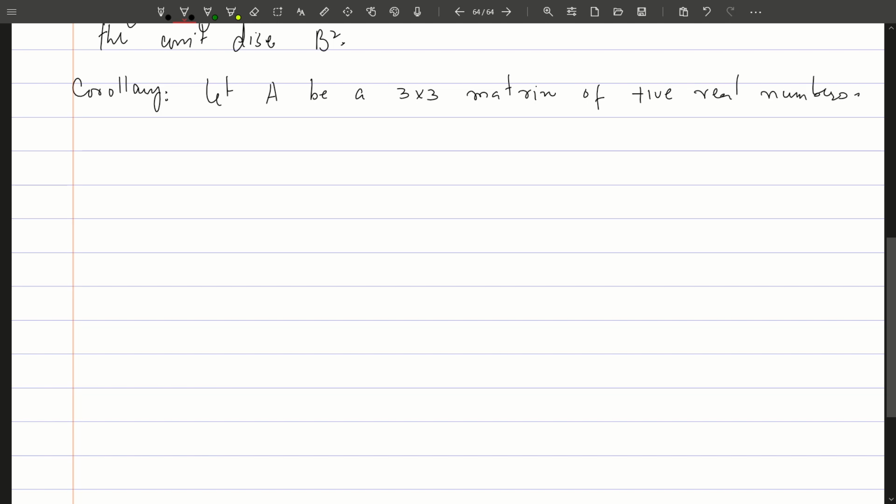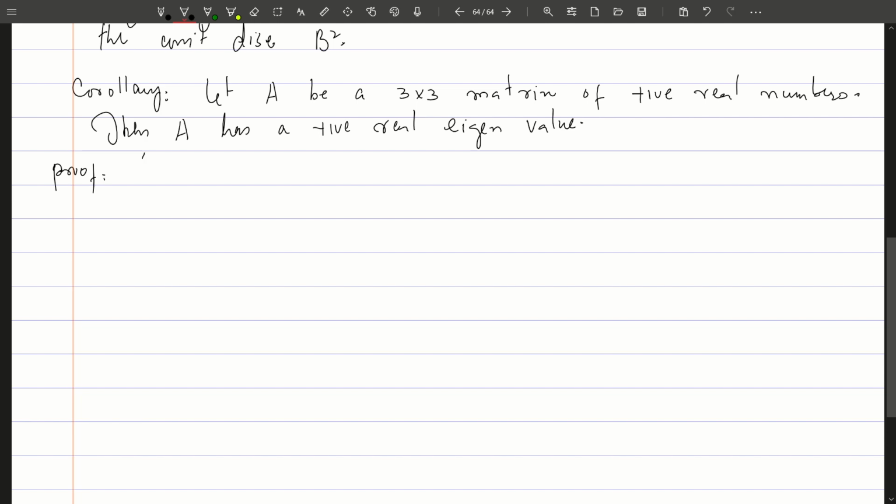So then we claim this A has a positive real eigenvalue. So then A has a positive real eigenvalue. So let us prove this.